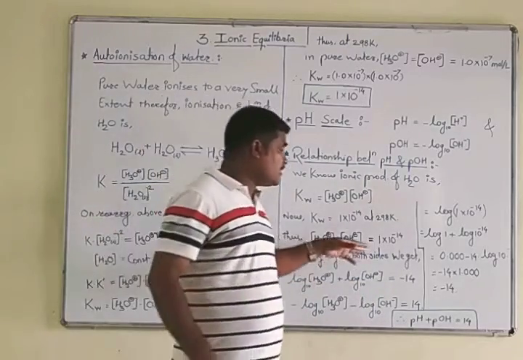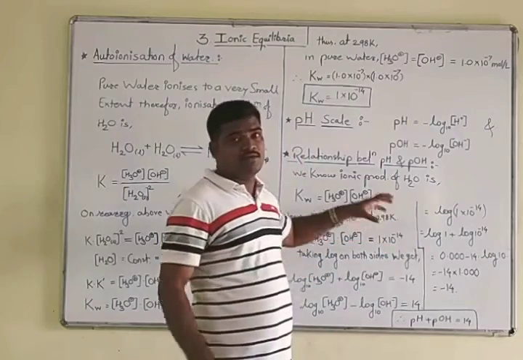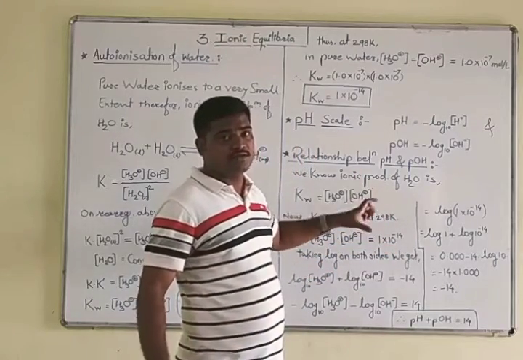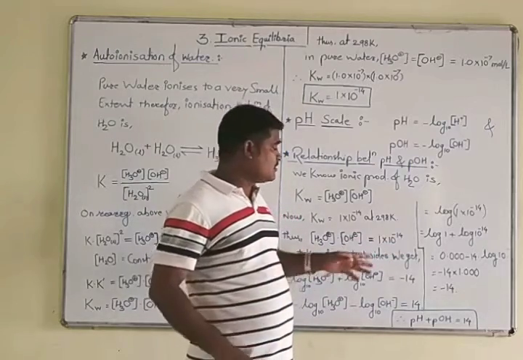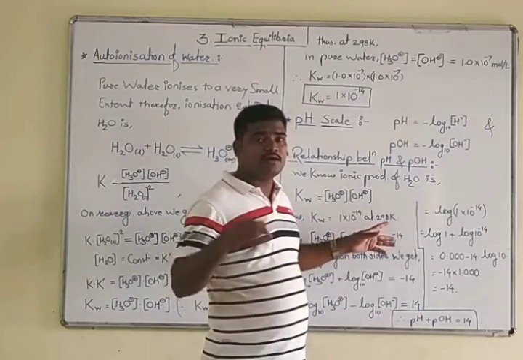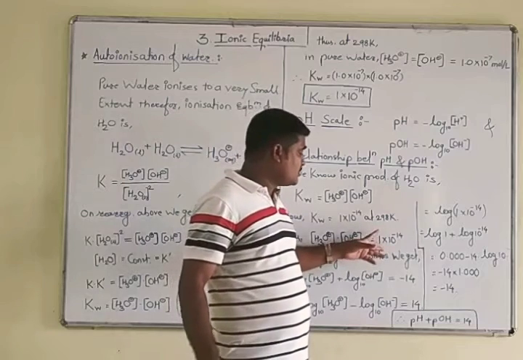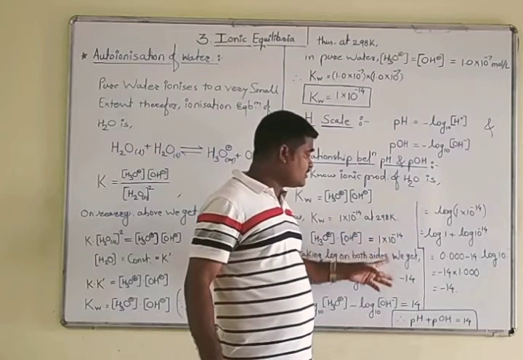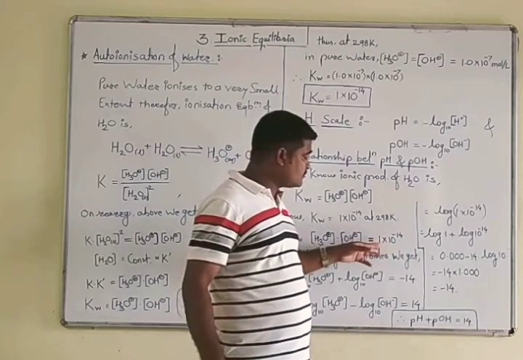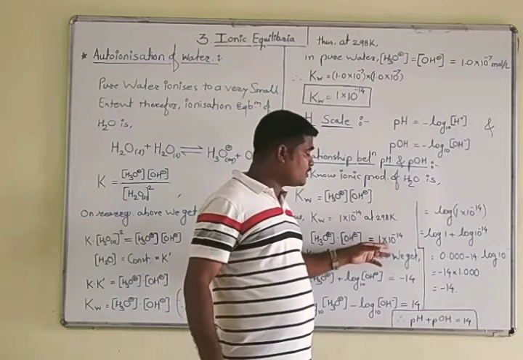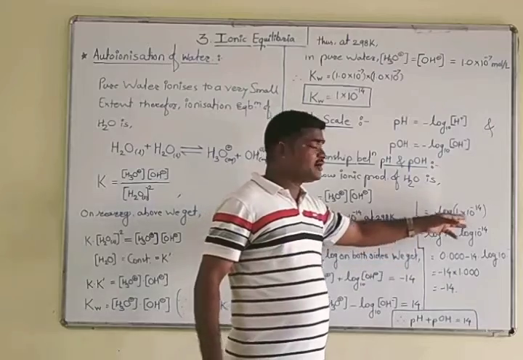And at the right hand side, this is a very important part of this equation. You have to go through it in detail, and only then can you write the correct equation. At this side, we have taken log here also. That is, we have taken log of 1 into 10 raised to minus 14. I have written it here.